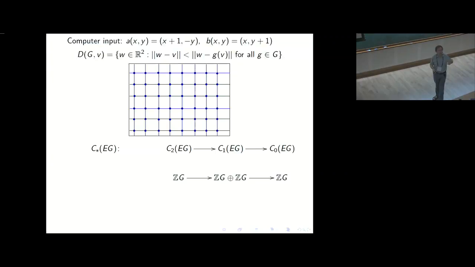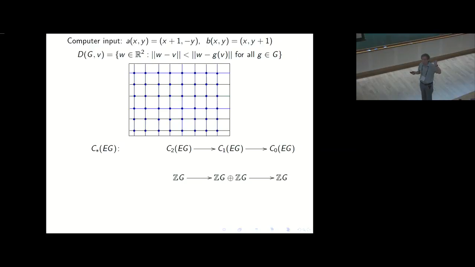And you've got this action of G. The action happens to be free in this case, so you can interpret this free abelian group just as the group ring, because G acts freely on the two cells. And what I'm really saying is there's one orbit of two cells.